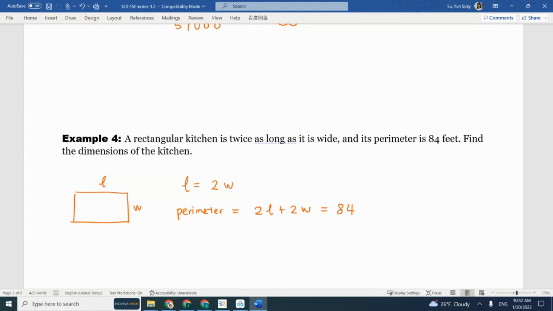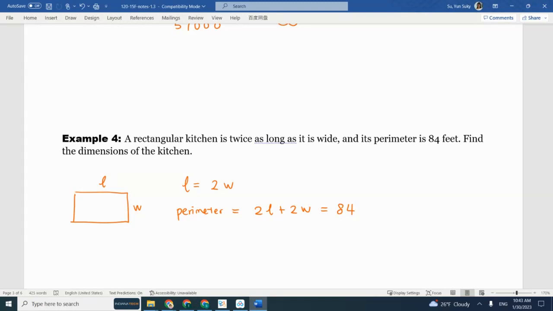You get an equation about W only. Then you can solve for W. So whenever you see an equation with two variables, there must be other relations so that you can eliminate one of the variables, so that you only get an equation of one variable.